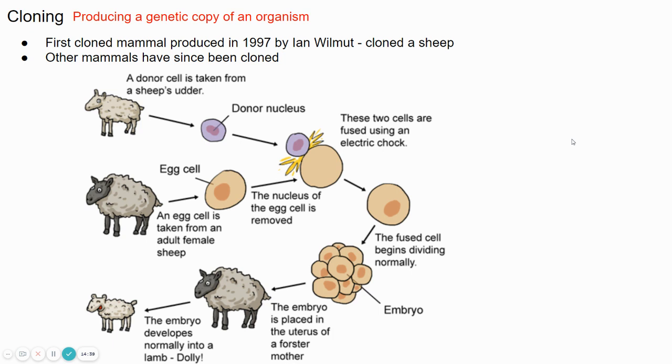Then what we need is an egg cell, which you can get, people donate egg cells all the time. So you can get an egg cell from a woman, you get rid of that nucleus because we don't want the woman's DNA in there. We want only Isaiah's DNA. We put Isaiah's nucleus in this egg cell, zap it with a little electricity. It starts to divide. It's a little embryo that's an identical genetic copy of Isaiah.